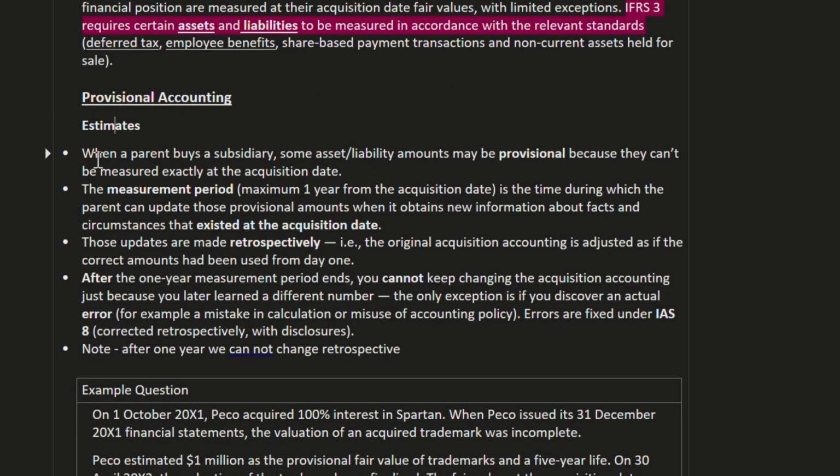Provisional accounting estimate. When a parent buys a subsidiary, some asset or liability amounts may be provisional because they can't be measured exactly at the acquisition date.